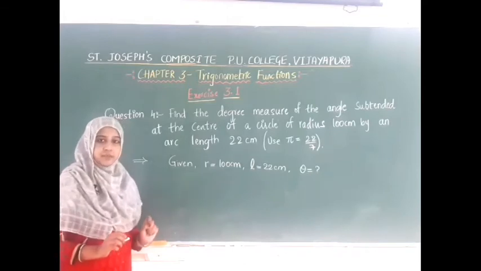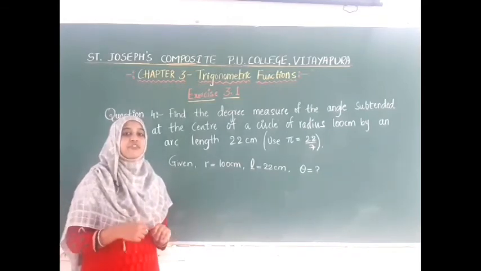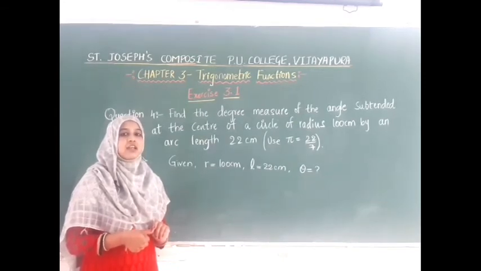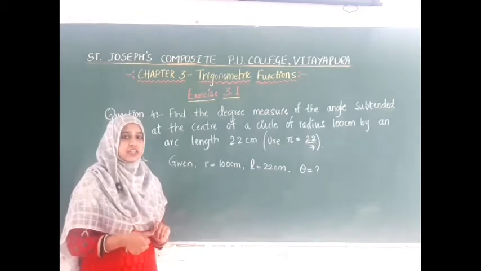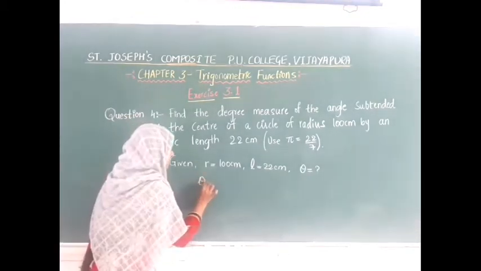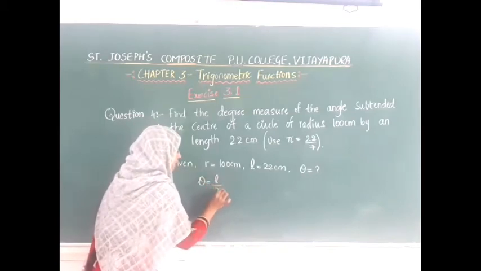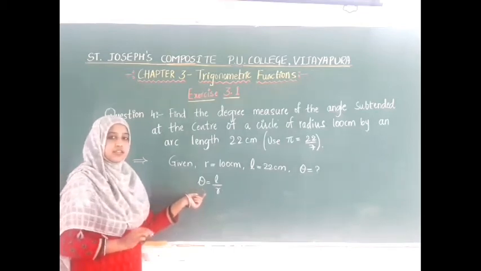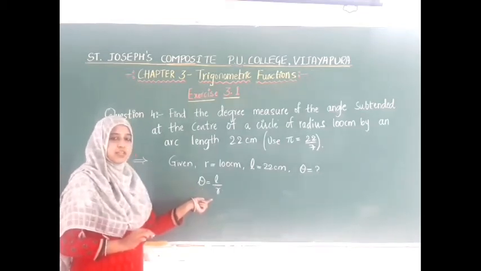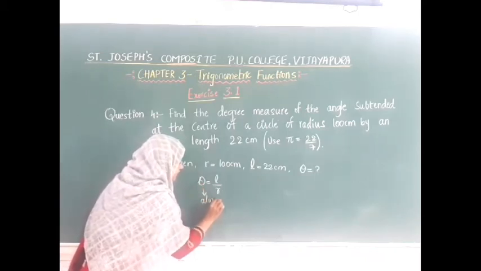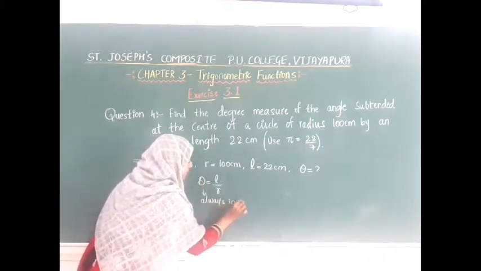We know that a circle of radius r and arc length L subtending an angle theta radian can be calculated using the formula theta is equal to L by R. The limitation of this formula is that theta is always in radian.